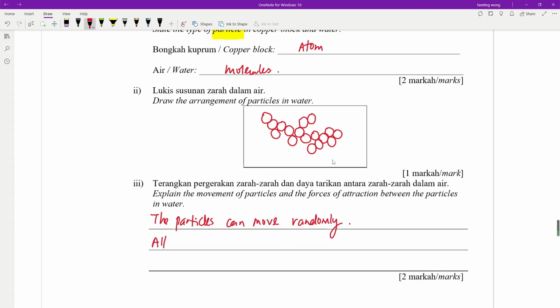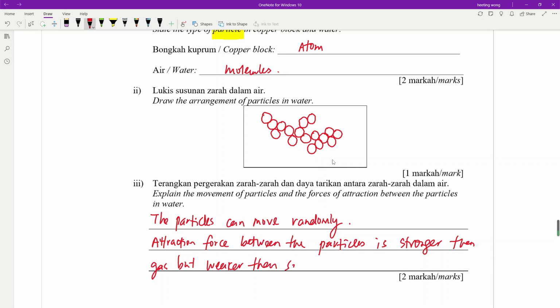The force of attraction between the particles is stronger than gas but weaker than solid.